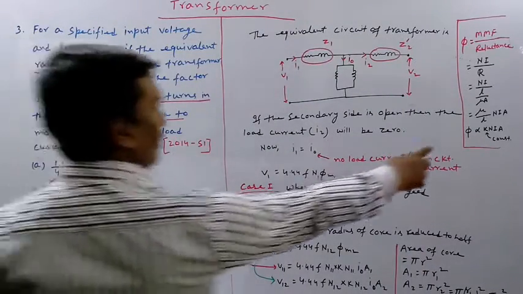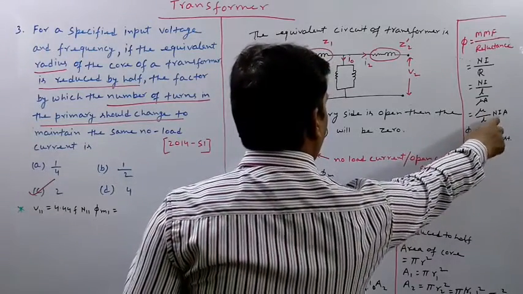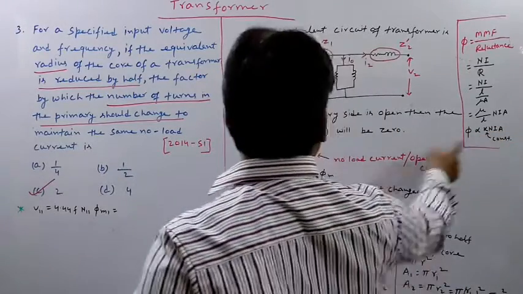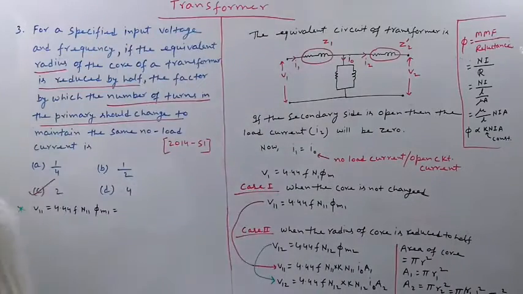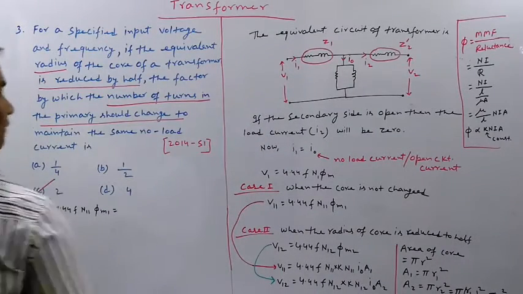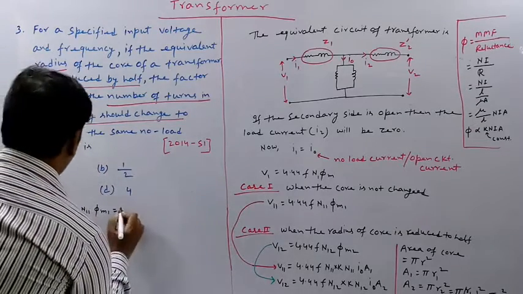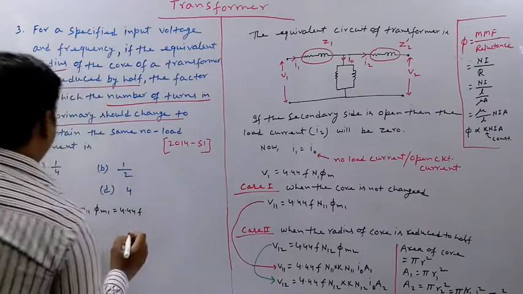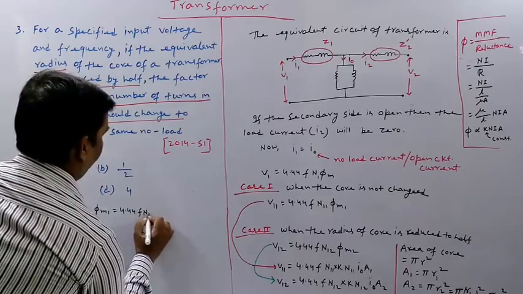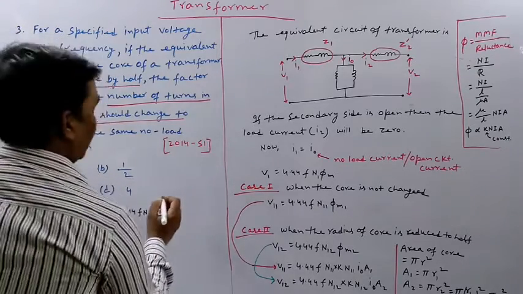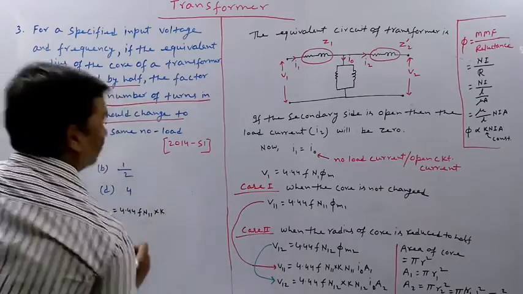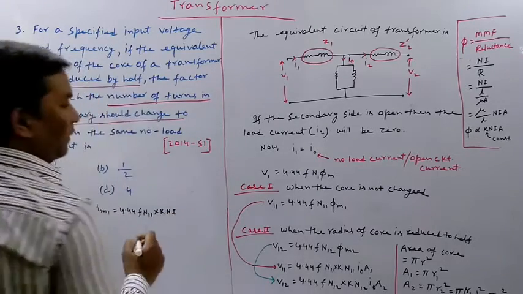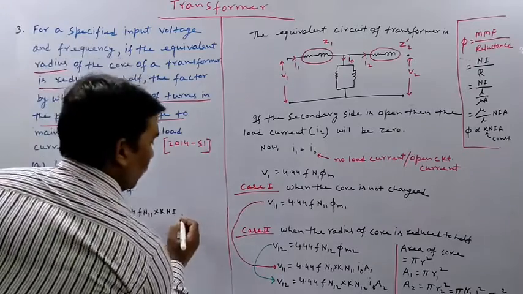If we put the value of phi as mu N I A by L, where k is some constant, so we can put the value of 4.44 f N11. Here we put k multiplied by N I, which will be I naught.